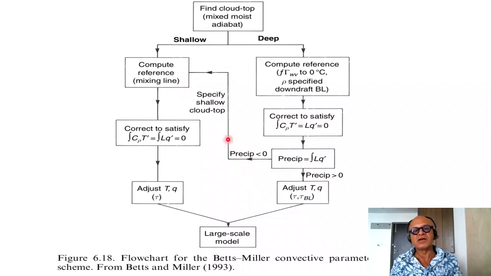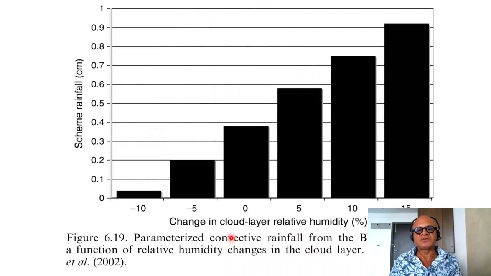So there is a shallow cloud top layer, so there is an interaction between shallow and deep convection here. Adjust again temperature and humidity profiles and feed it to the large scale circulation, so that the dynamics or the circulation and the thermodynamics or microphysics are closely coupled as observed.